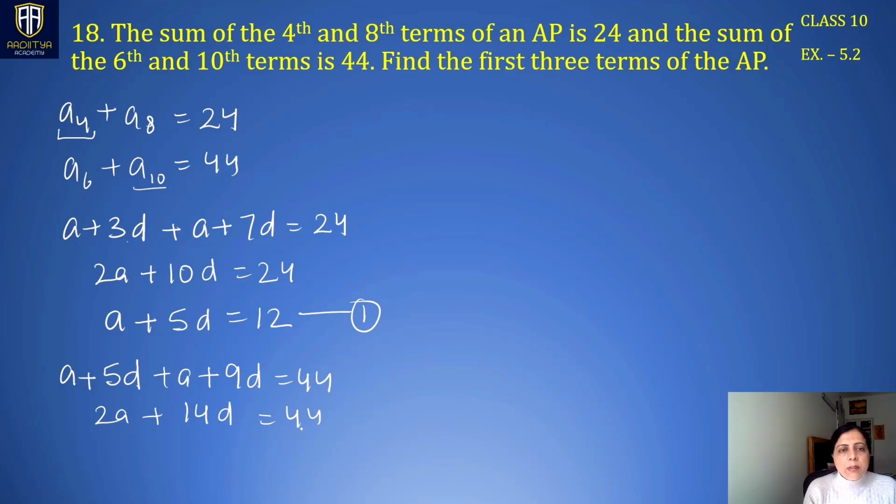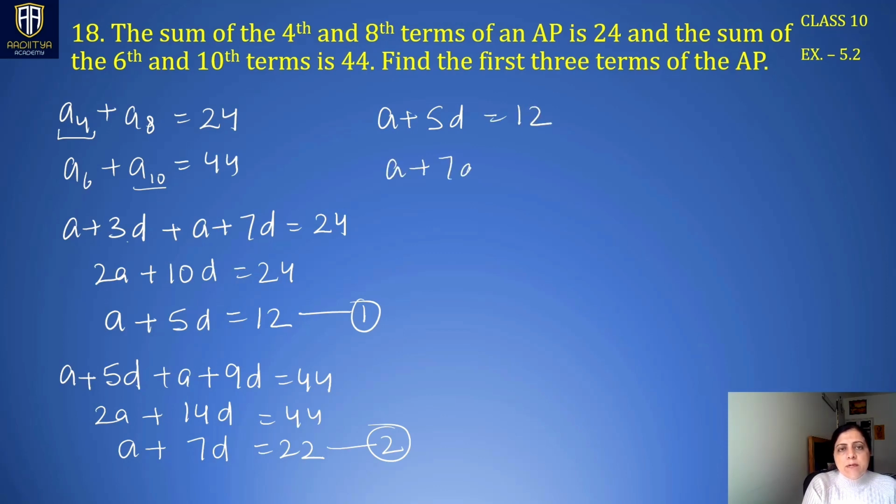Again, 2 is a common factor. So I take out 2 from left hand side. It becomes A plus 7D. Divide that 2 on the right hand side, so it becomes 22. So these are the two equations. A plus 5D is 12. A plus 7D is 22.